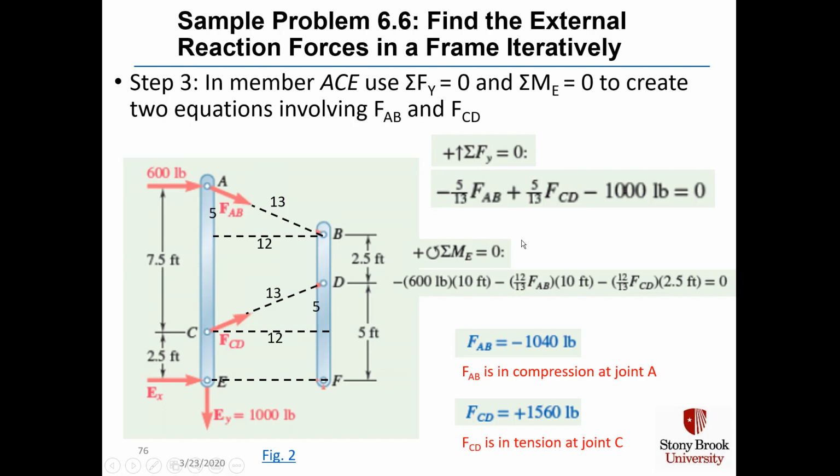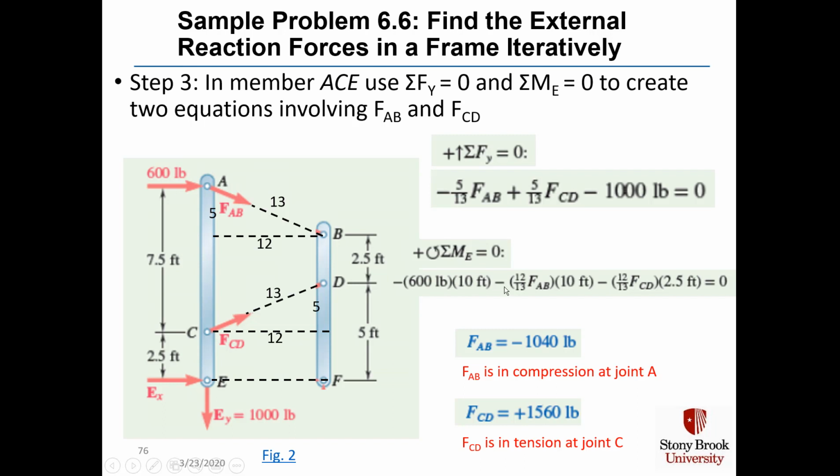We sum the moments in point E equal to 0. And we have our 600-pound force going clockwise around point E, so it's a minus 600 times a lever arm of 10 feet, which is 7.5 plus 2.5. We have minus 12/13 times F_AB. Here's F_AB, and it wants to go in a clockwise direction around E, but its x component is 12/13 of F_AB.